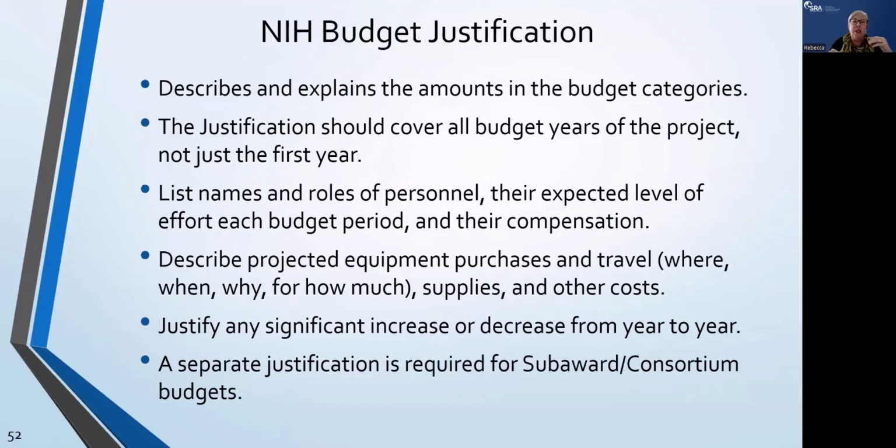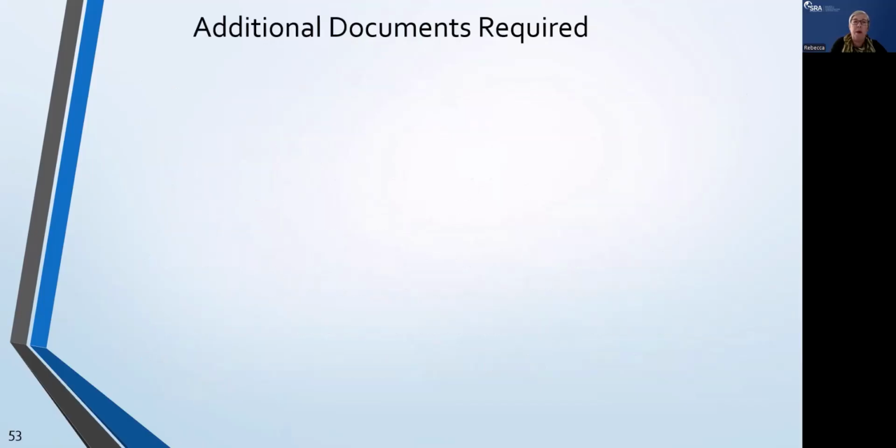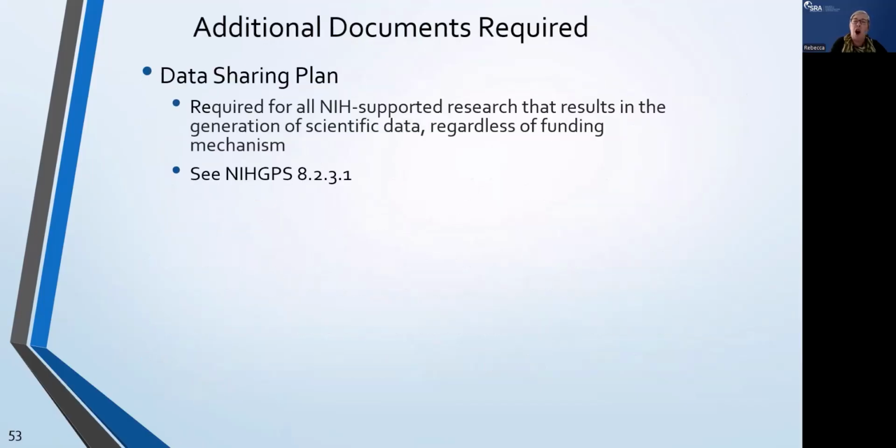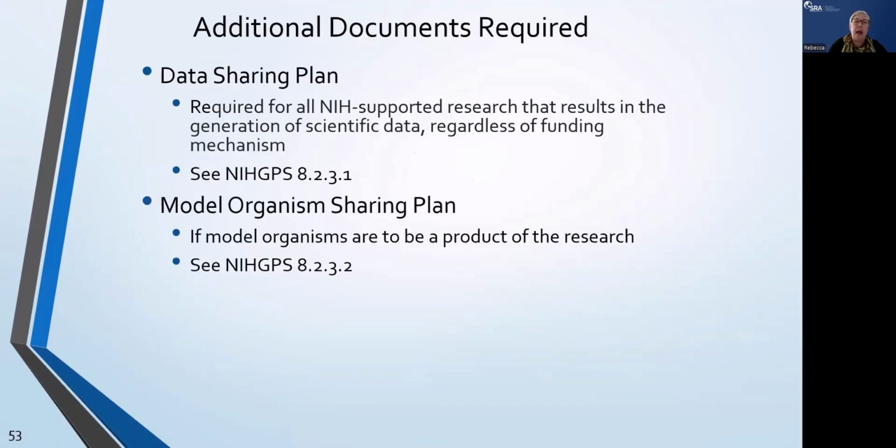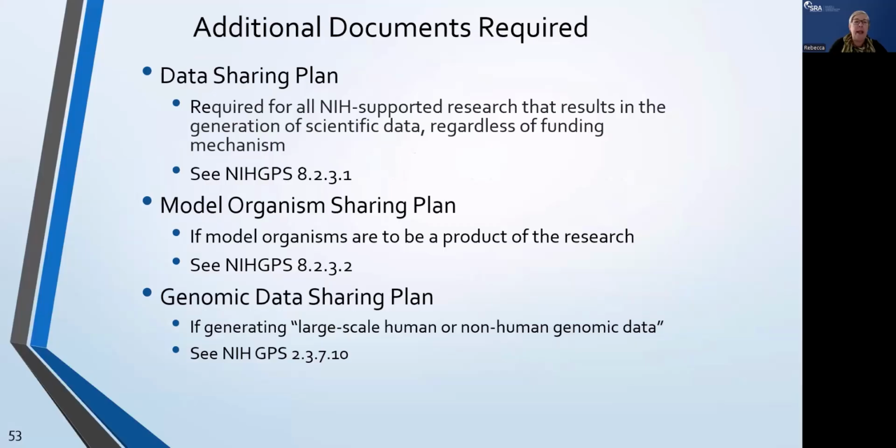Budget justification: these are elements I would hope would be in any budget justification. Believe it or not, I saw many budgets where they weren't. Again, a separate budget is required for any subaward or consortium. There are additional documents required in an NIH application: a data sharing plan, model organism plan, and genomic data sharing plan.